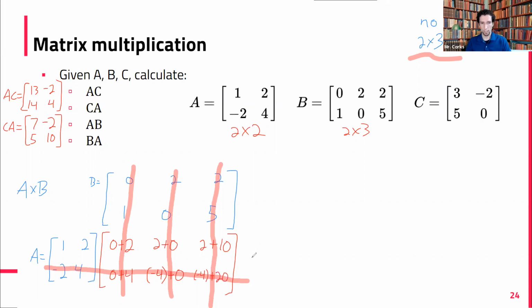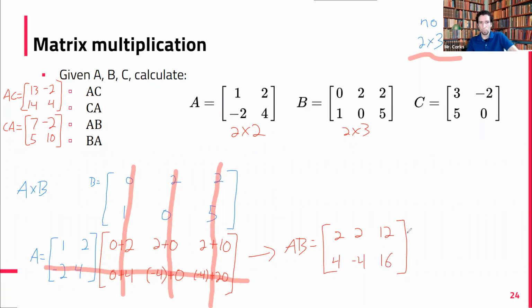All right, so if we take all this and we actually write out A times B, a 2 by 3 matrix, what are the actual numbers here? First row? 2, 2, 12. Second row?